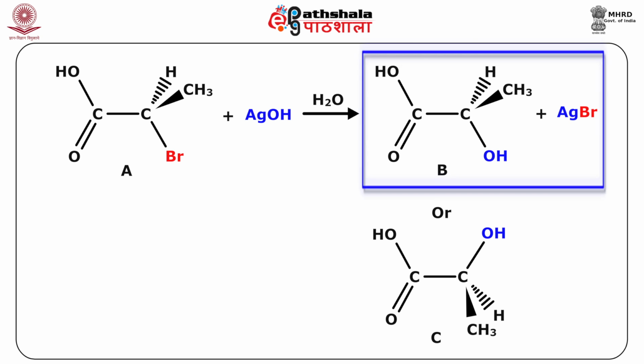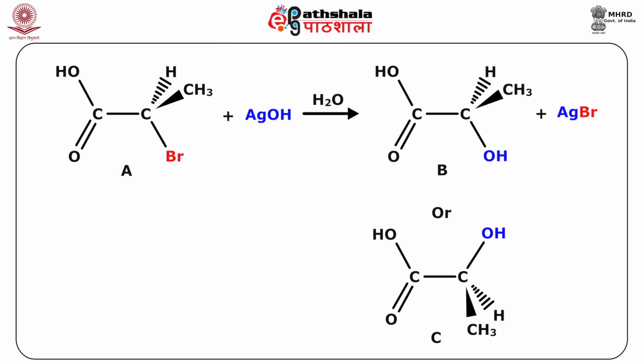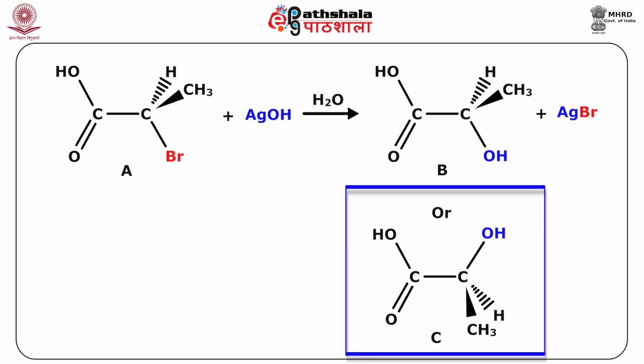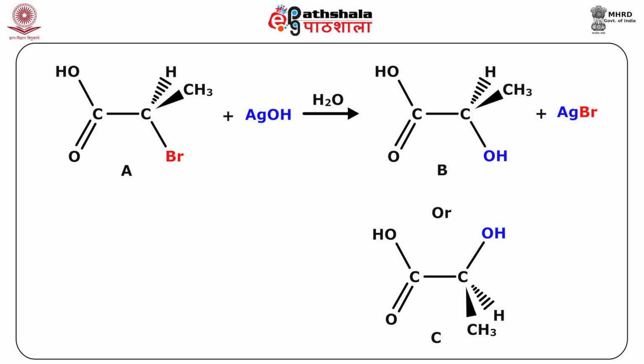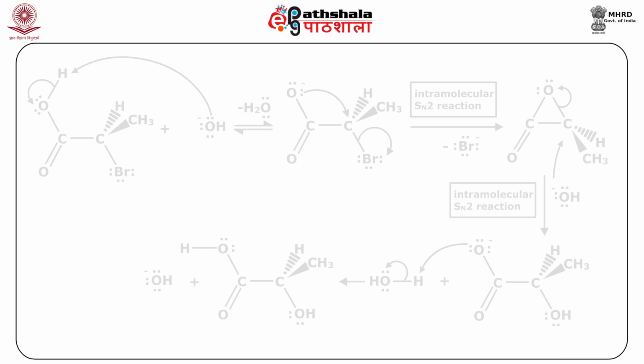Now, you can see clearly in this figure what is A and what is B. If the reaction were to proceed via SN1 mechanism, it would yield B as substitution product with retention of configuration at the chiral center and its enantiomer C with inversion of configuration. Now, you can see this more clearly here in this figure.